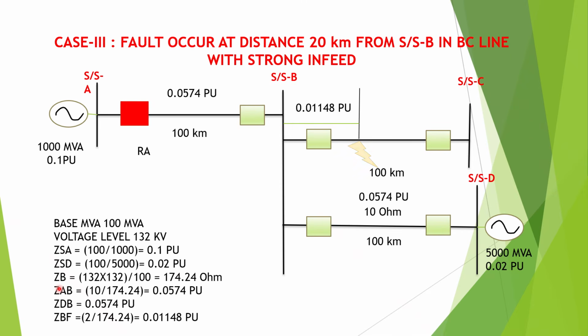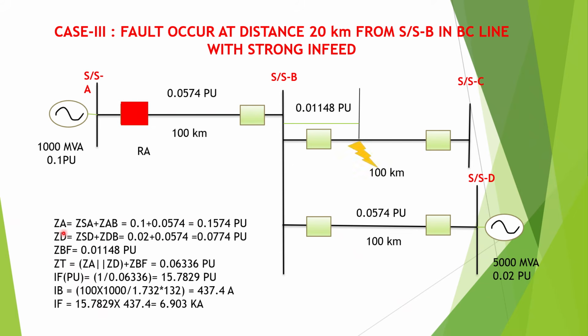Now ZB, that is the base impedance, is equal to 174.24 ohm. Now ZAB is the same, that is 0.0574 per unit, and ZDB is the same, that is 0.0574 per unit, and ZBF is also the same, that is 0.01148 per unit.